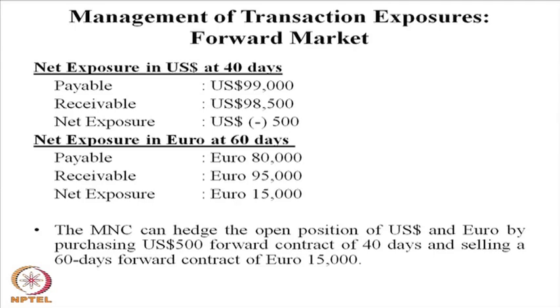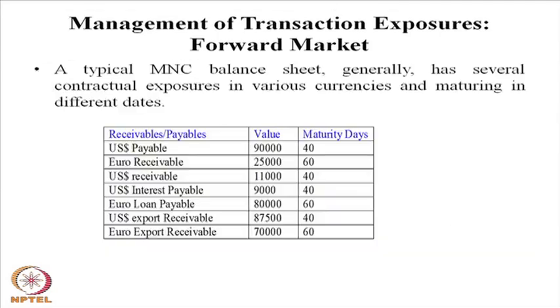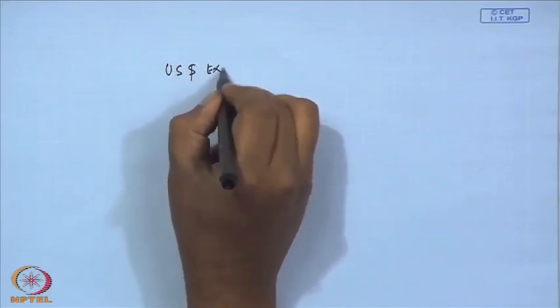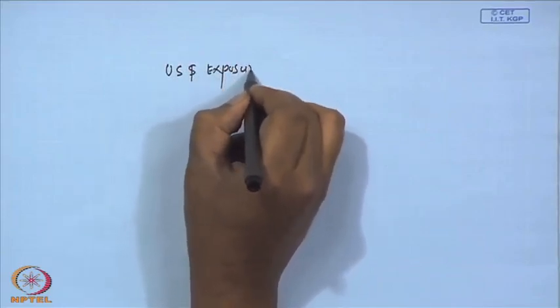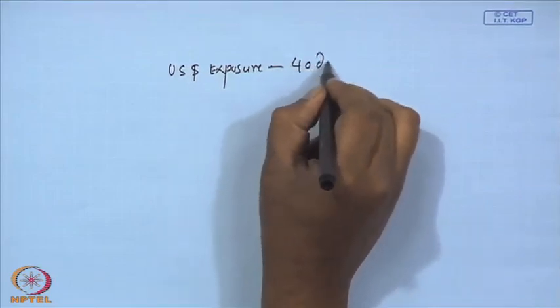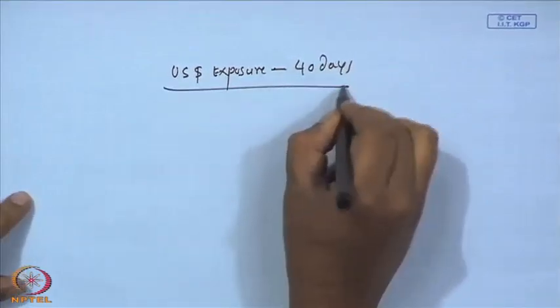Here, if you see the payable side, the net exposure: if you divide this example currency-wise, we have the US dollar exposure after 40 days. So, what is that?